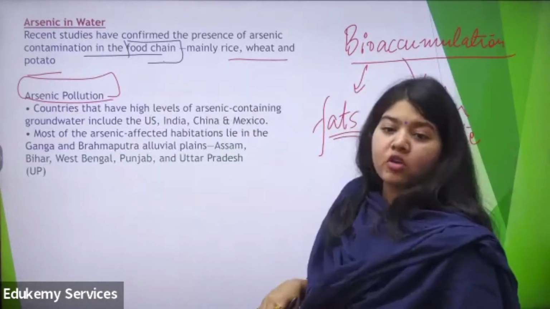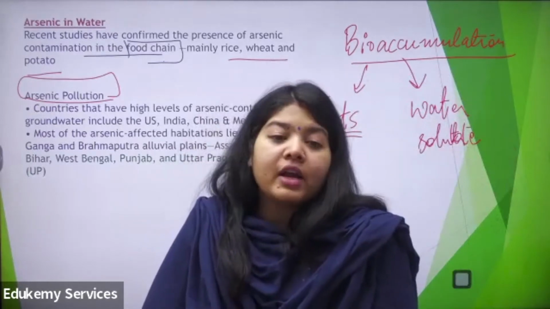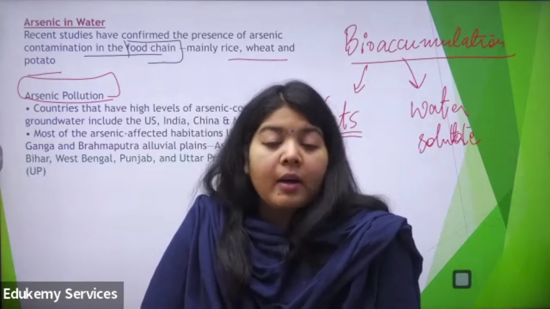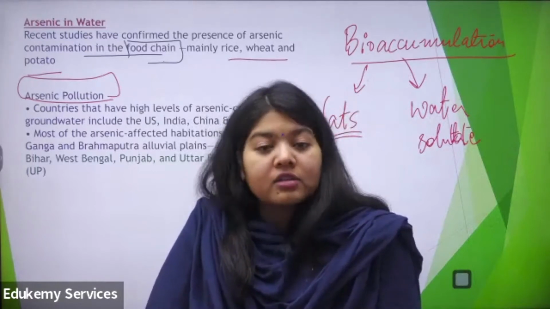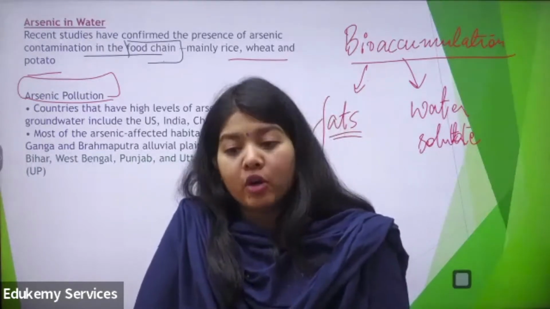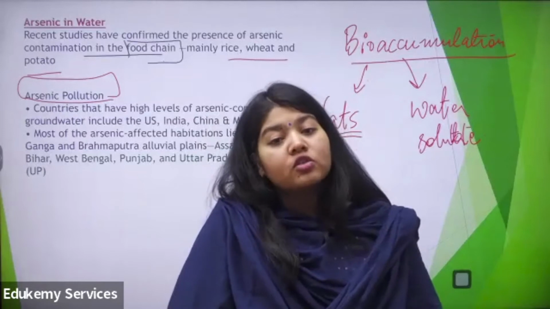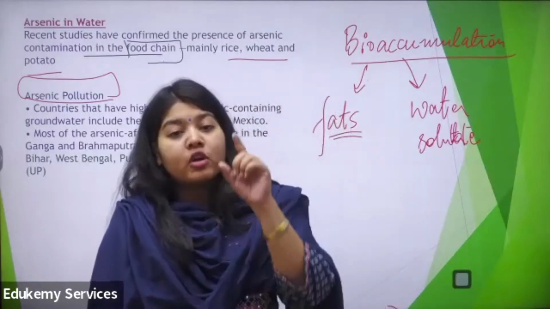If it is water soluble, it will not accumulate. In fact, it will be released from your body. But if it is fat soluble, fats are the last organic compounds which are used by the body. So it stays in the body for a very long time.